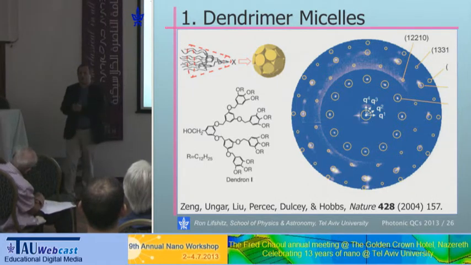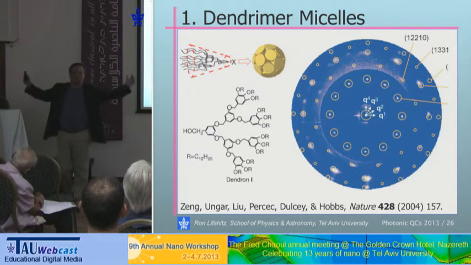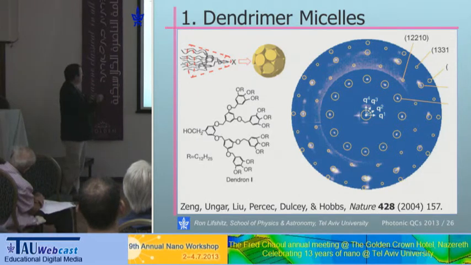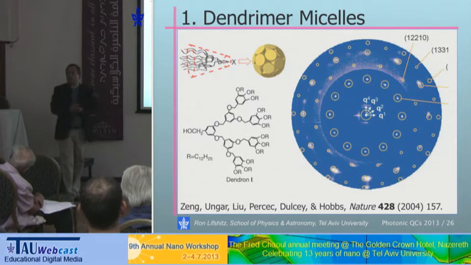So these are not single atoms, but huge molecules. So here you have a very complicated dendrimer. These dendrimers have the shape of a cone, but when you put a lot of dendrimers together, they form a sphere, a micelle. And under certain conditions, these micelles form a structure which is ordered and has 12-fold symmetry.